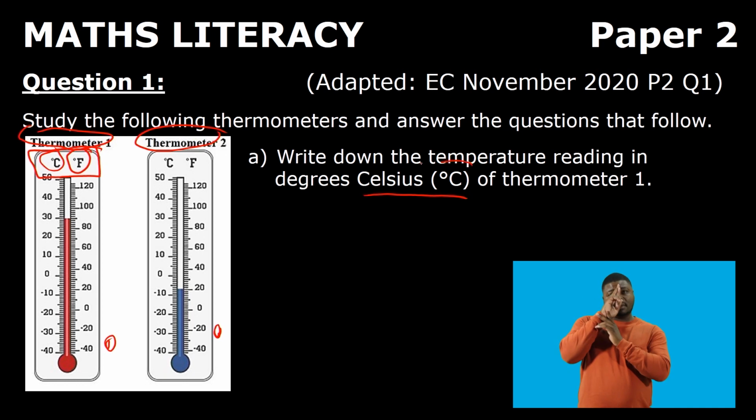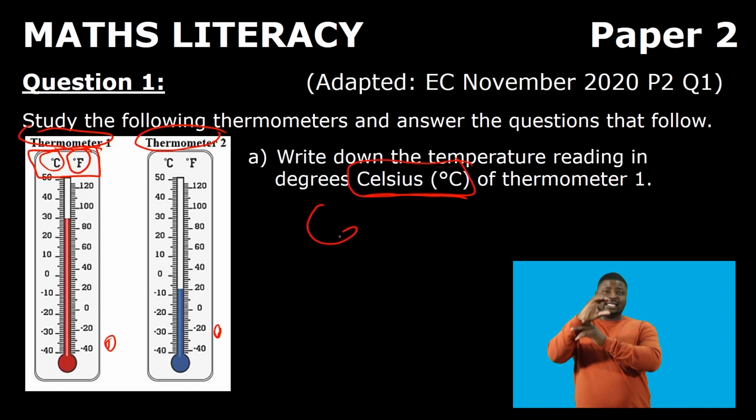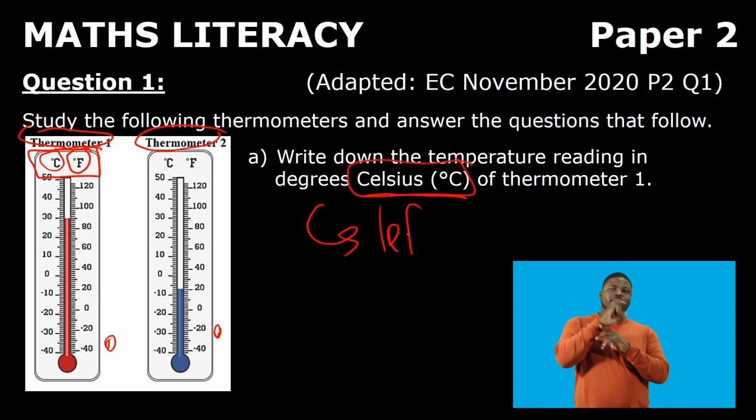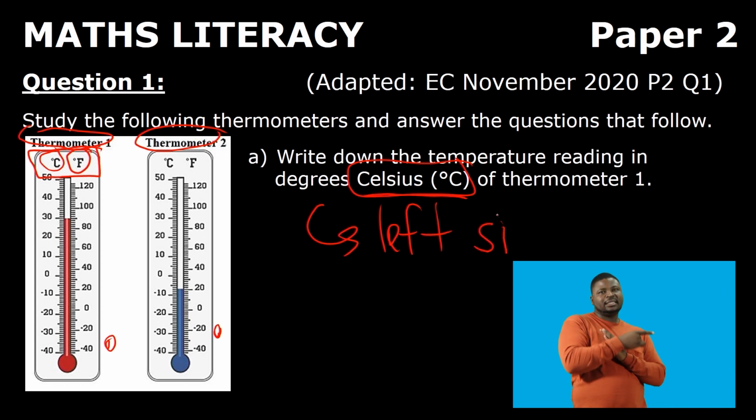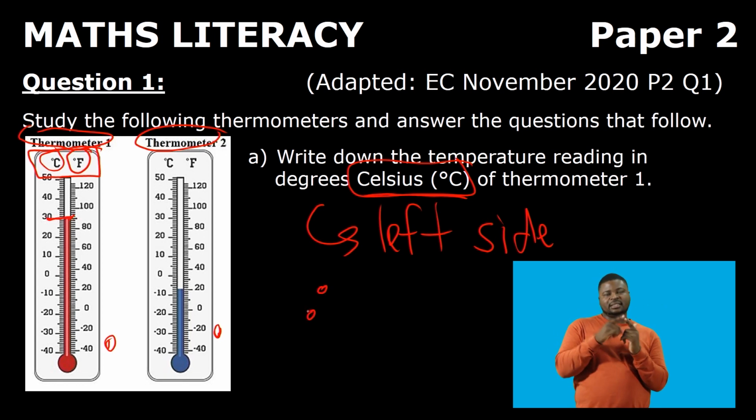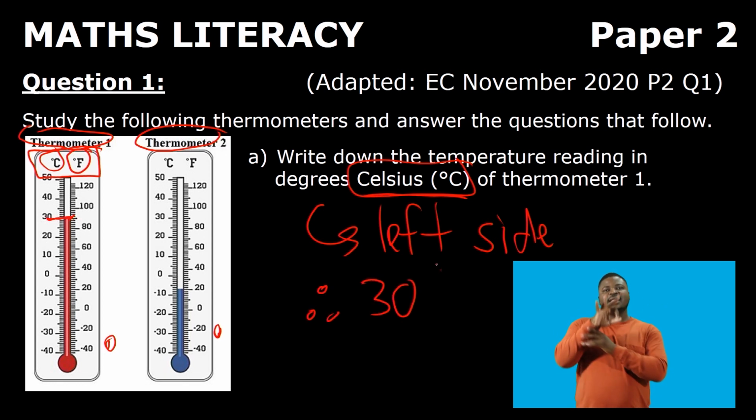Because it is degrees Celsius, we are going to work with the left side. So you read from the left, and then you'll see it's 30 degrees Celsius. So when you get a question like that, please make sure that you read from the correct thermometer and also from the correct unit.